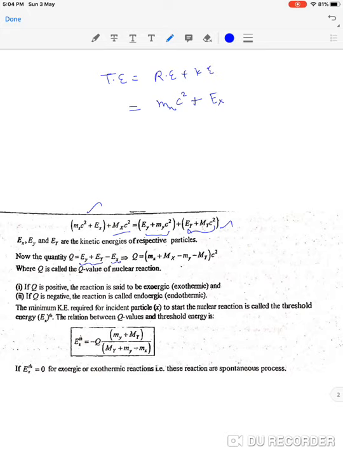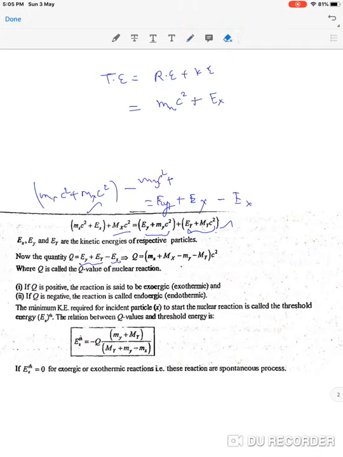So Q is equal to E_y plus E_Y minus E_x, and if I take this E_x to this side, I write E_y plus E_Y minus E_x, and here I am left with m_x c squared plus M_X c squared minus m_y c squared minus M_Y c squared, which is actually equal to this.